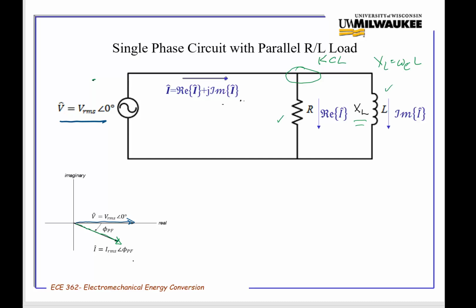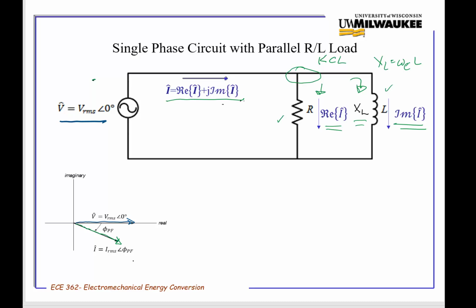The total current going into the node would be the sum of the current going into this reactive branch, the imaginary part of the phasor current I, and the current going into the real branch, the real component of the I phasor.